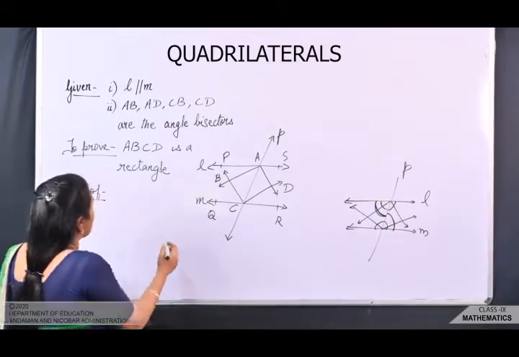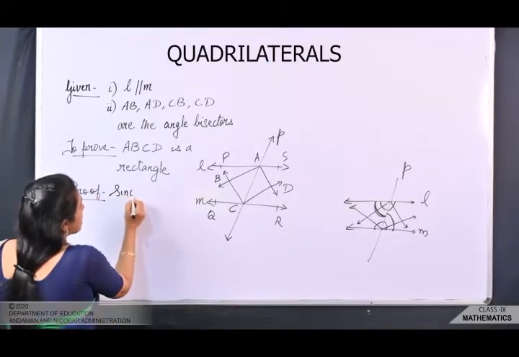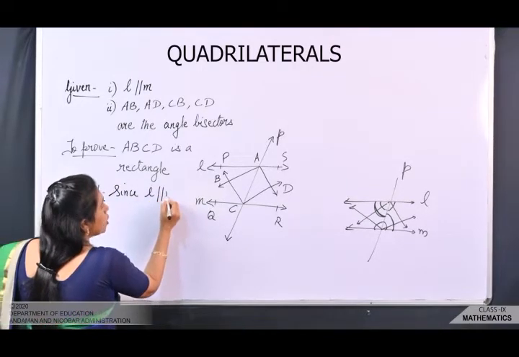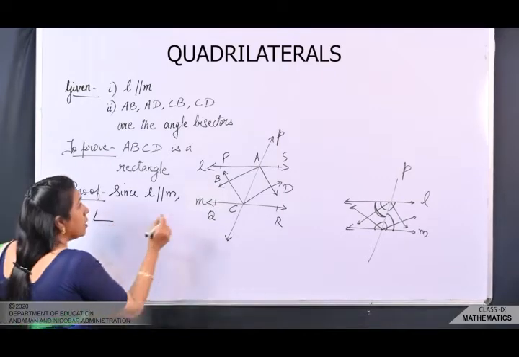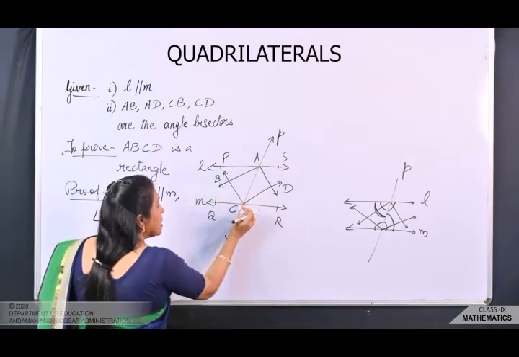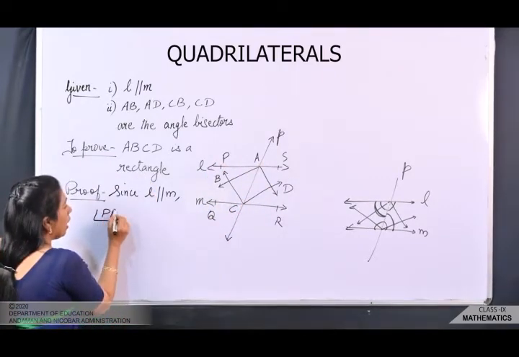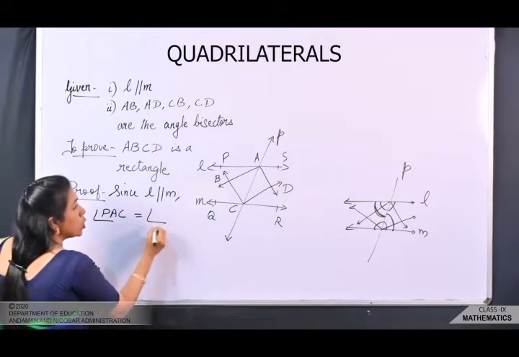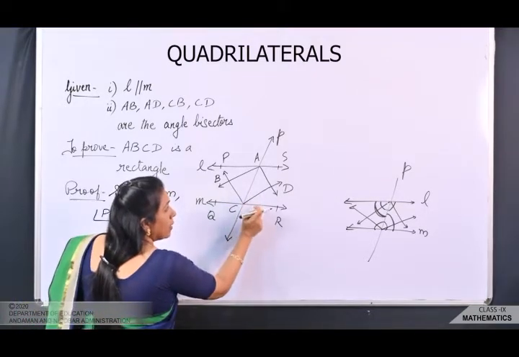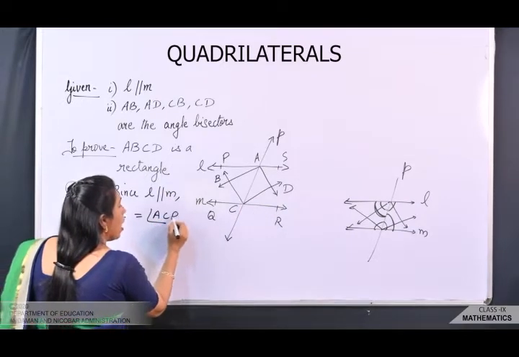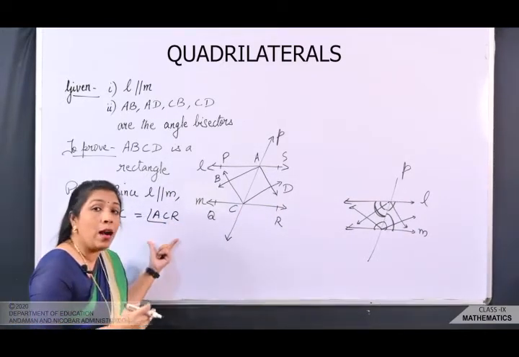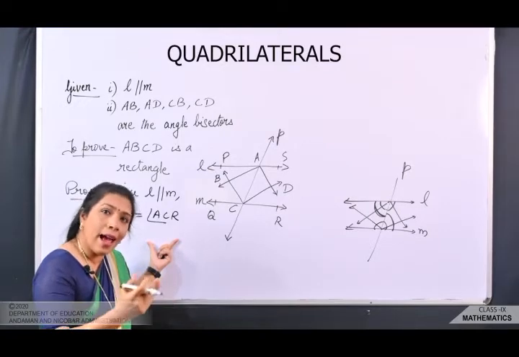So we'll write here, since L is parallel to M, we can say angle PAC is equal to angle ACR. Why? Because they are alternate interior angles.